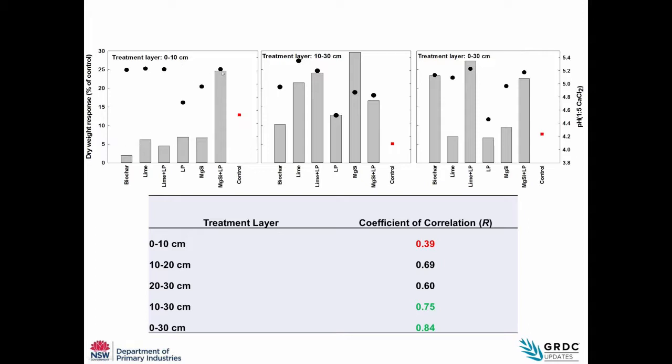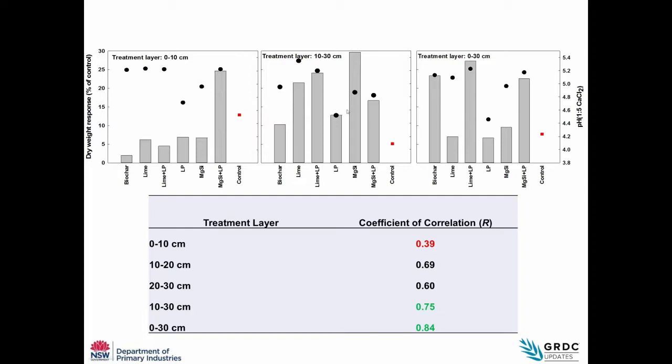It gives us 25%, and we are still working out why we get that response. But when we tap into the acidic subsoil layer at 10 to 30 centimeters, the increases become more evident. The dry weight relative to control increases by 20 to 30%, and in some of those treatments it is similar at 0 to 30%.